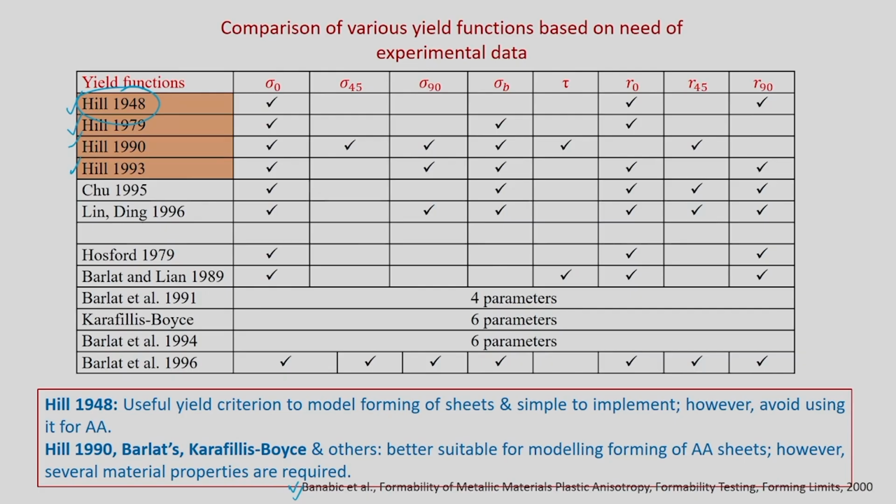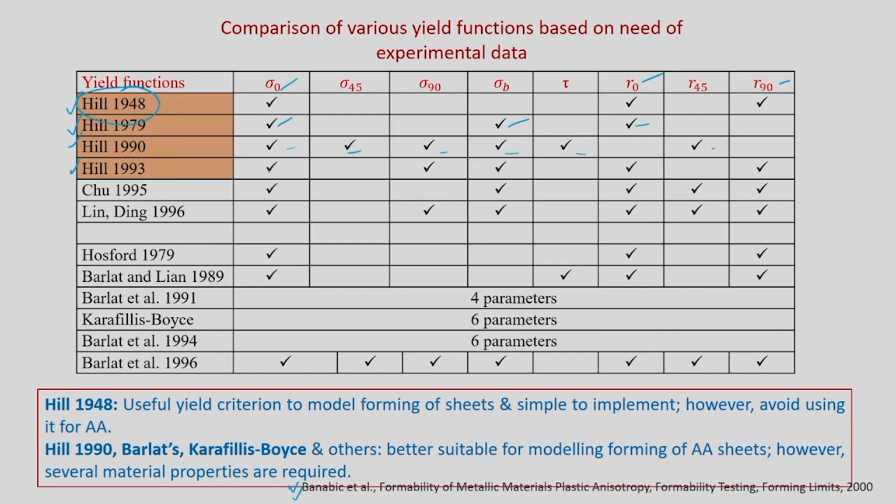For example, for Hill's 1948, as we discussed, you need sigma 0, then R0, R90. Sigma 0 or sigma 90, any one you need, and R0, R90. Hill 79 also we have seen: sigma 0, then of course sigma B was introduced, then R0 is required. Sigma 90, there are a lot of things required, you can look into that equation.